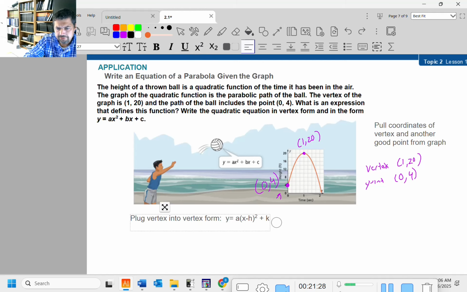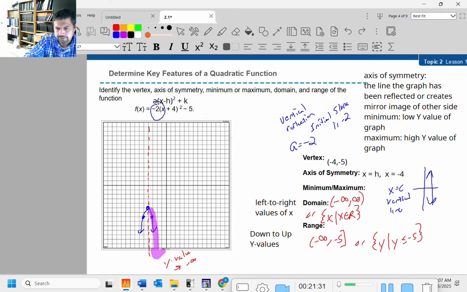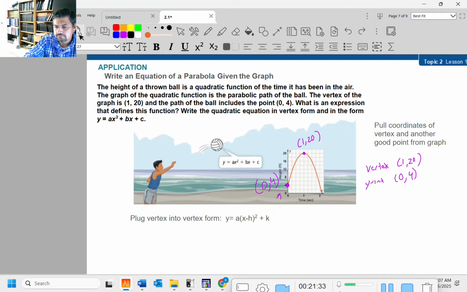Is there not a graphing problem in this? Yeah, there is. Good. All right, so let's do that. It looks to me like y is, remember this is h, this is k. We don't know a. We're going to say x take away 1, quantity squared, and then plus 20.